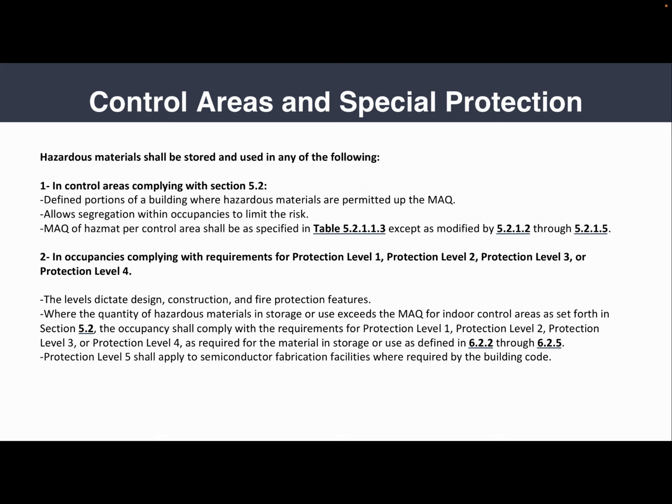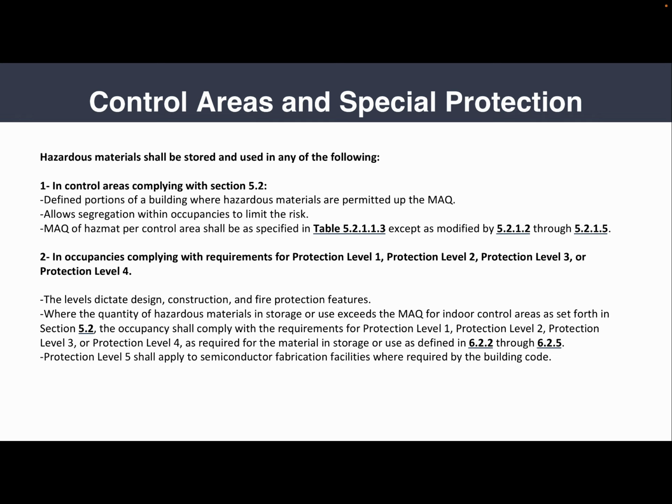When hazardous materials in quantity exceed the MEQ, facilities must apply the concepts of protection levels, which range from level 1 to level 4. Protection level 1 corresponds to detonation hazards, which require the strongest construction features, including reinforced walls, blast-resistant doors, and explosion vents. Protection level 2 is for deflagration hazards.